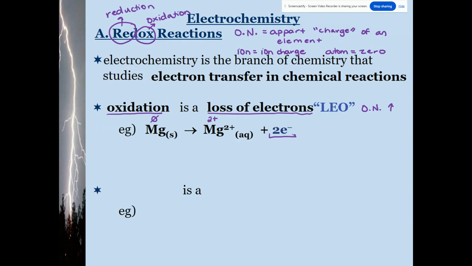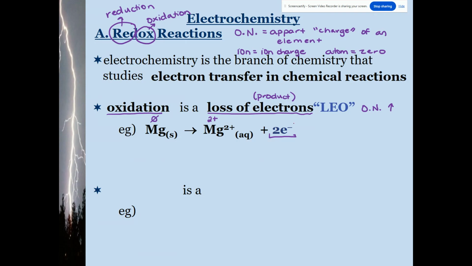Remember in the thermal unit, if it was losing heat, it meant it was exothermic. And when something's exothermic, it's a product. This is similar. If it's losing electrons, electrons are a product in your, we call these again half reactions. So magnesium becoming a magnesium ion is doing that by losing 2 electrons.